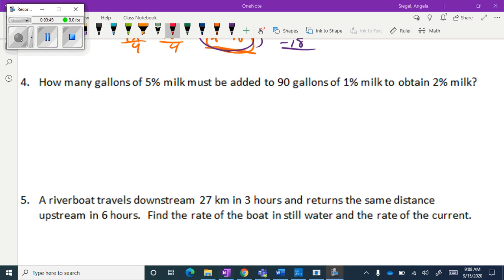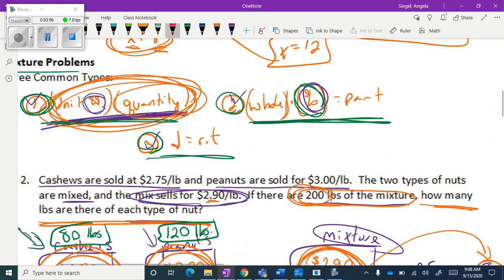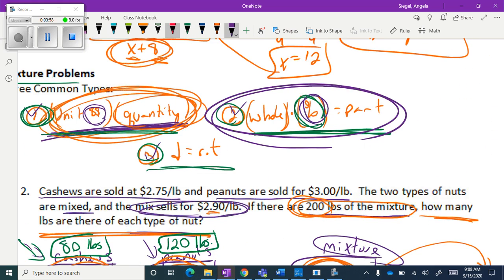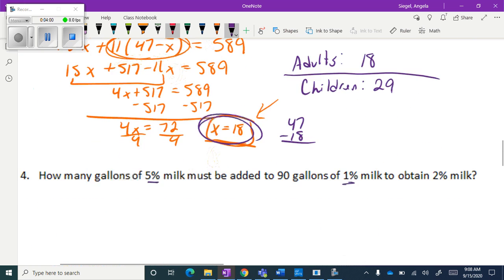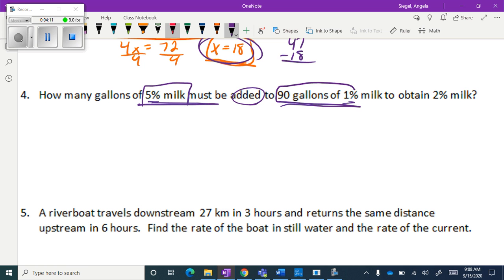Okay, so this problem, remember how I said that you're going to see a percent sign in the percent type problem. So we're going to do a problem like this. So let's go ahead and read through it. How many gallons of 5% milk must be added to 90 gallons of 1% milk to obtain 2% milk?